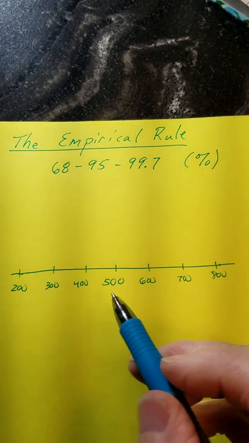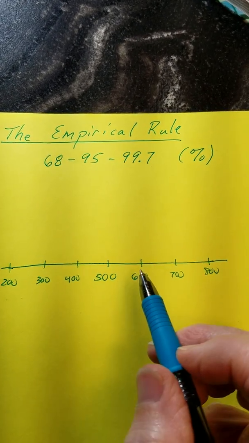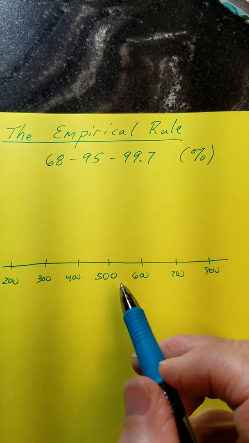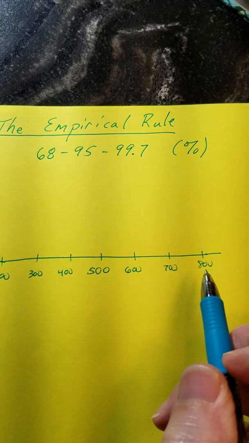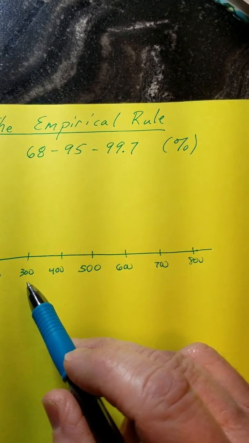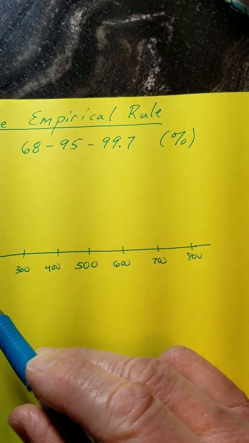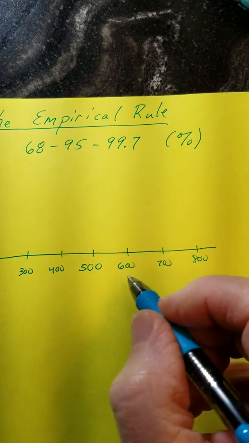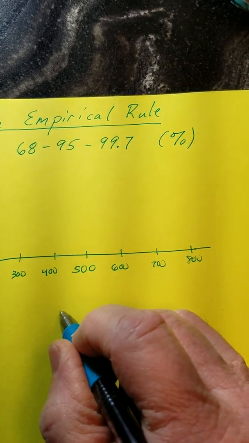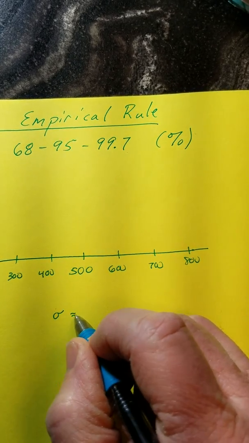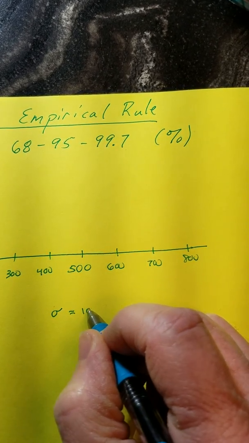Okay, so I've started to draw things out here. Here's your mean, and then I went plus 100, plus 100, plus 100, and then minus 100, minus 100, minus 100, because the 100 is the standard deviation, which they denote as sigma, equal to 100.